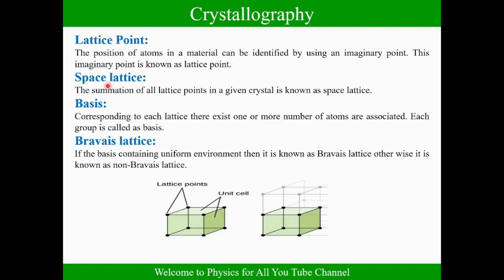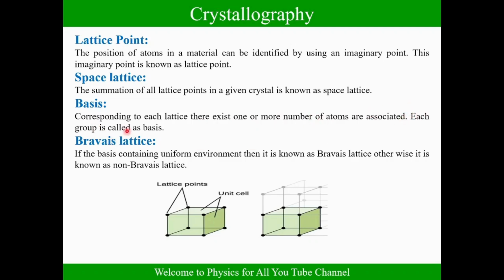Now coming to the second definition, that is known as space lattice. The summation of all lattice points in a given crystalline material is known as space lattice. Now we come to basis. Basis is nothing but this: corresponding to each lattice point, there exist one or more atoms associated in that material.